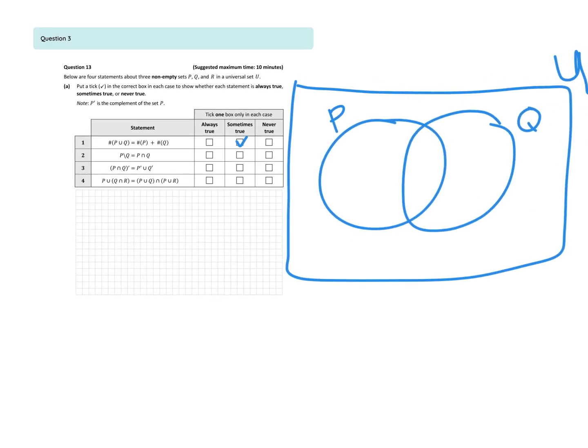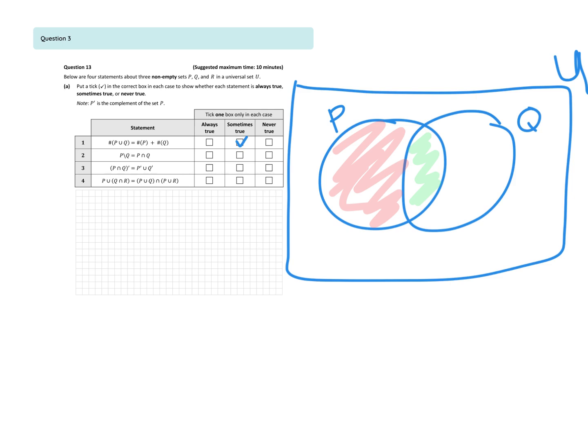Here it says for question 2, P less Q is equal to P intersection Q. So P less Q is this in red. P intersection Q is this in green. As you can see, that is not true, right?